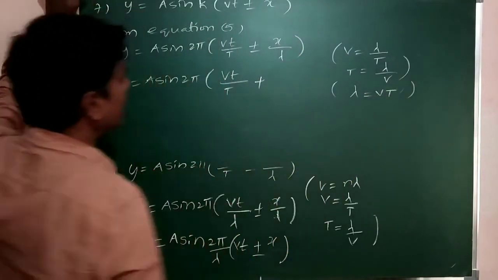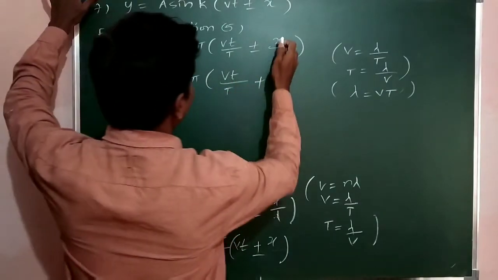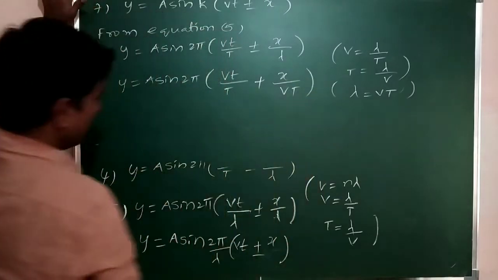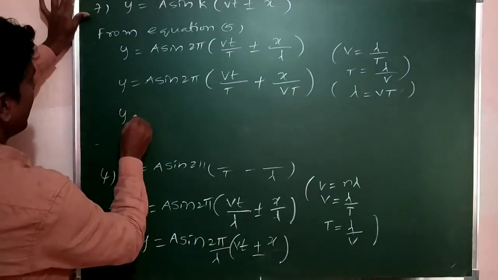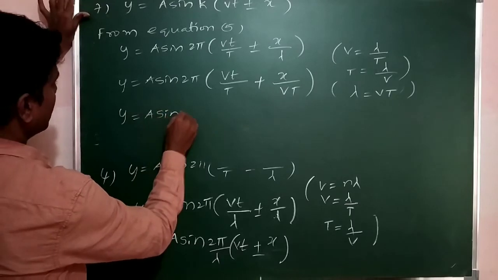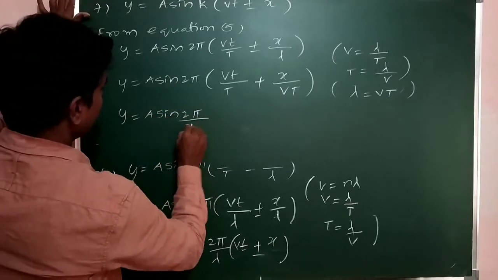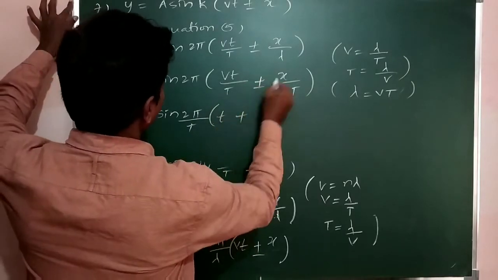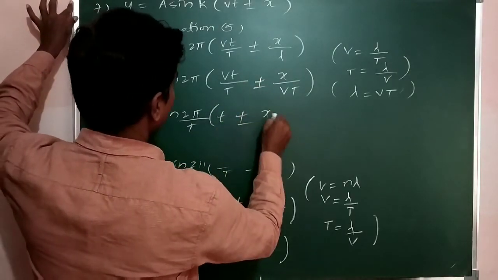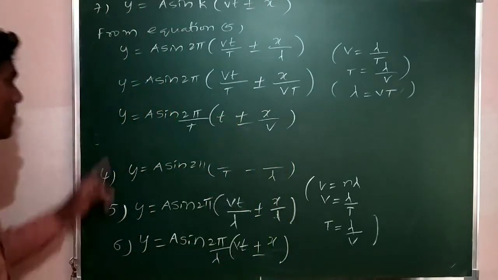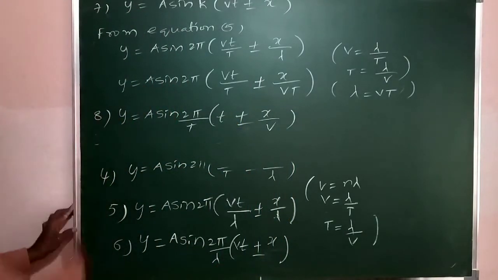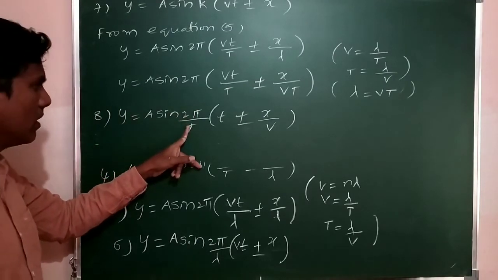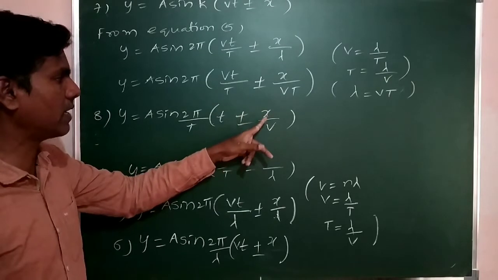What is lambda? Lambda is equal to vT. Now x by vT. Here y equal to a sine 2 pi by T, taking common, and the remaining part is t plus or minus x by v. This is the eighth equation. y equal to a sine 2 pi by capital T of t plus or minus x by v.